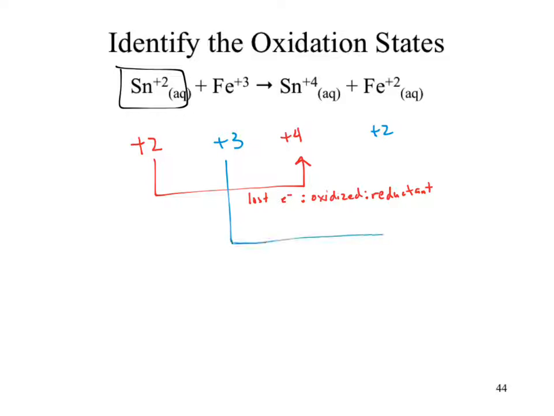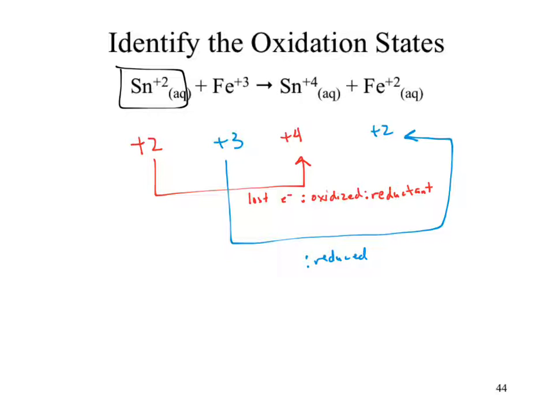What happened to the iron plus 3? We could go with reduced. Okay, that's probably the easier one to see there, because gained electron is what actually happened, and I completely agree with that, but why would it be easier to look at the oxidation numbers to say it was reduced?